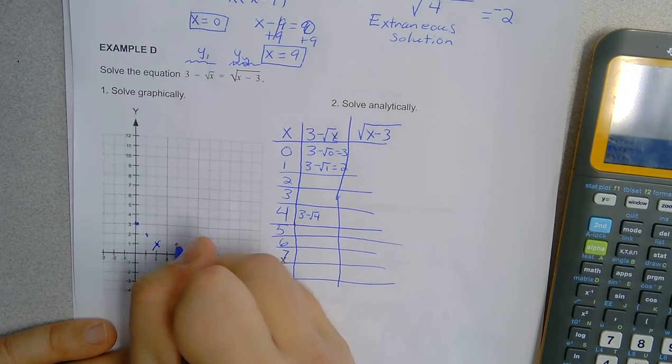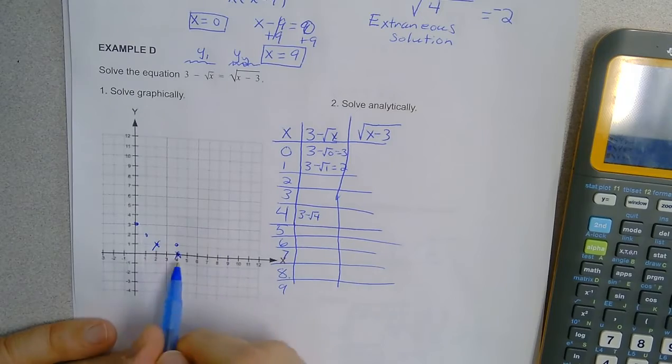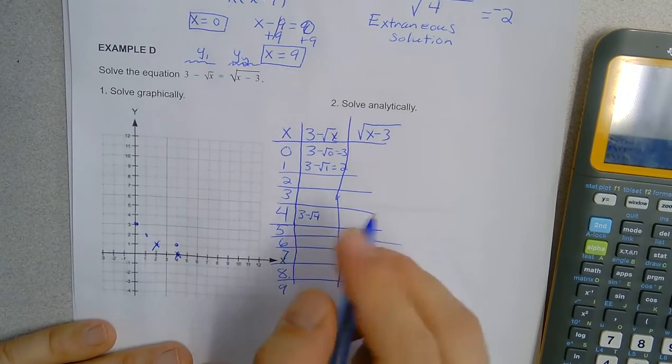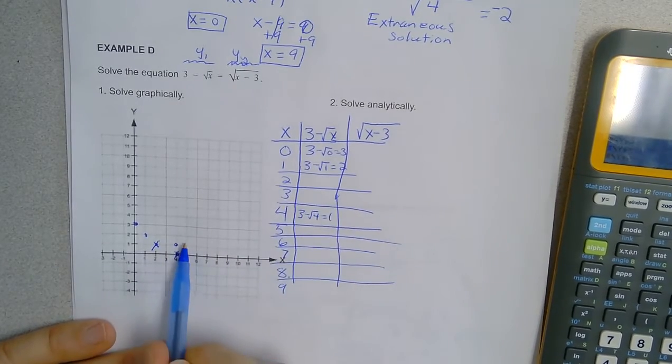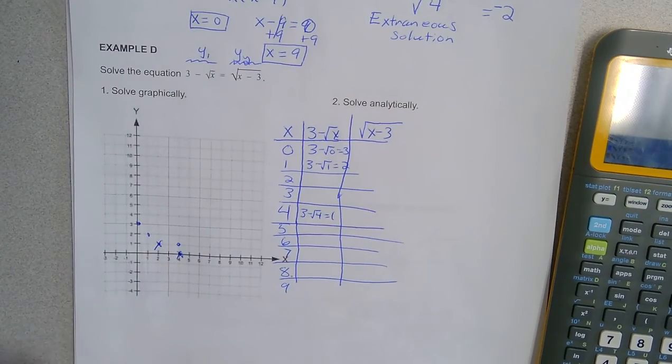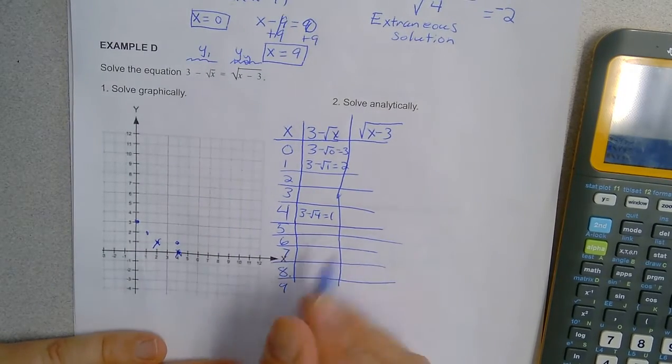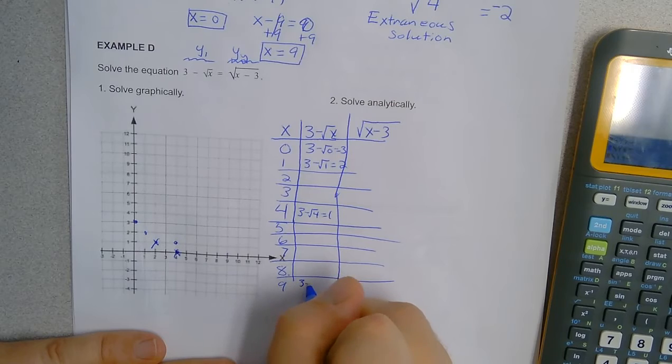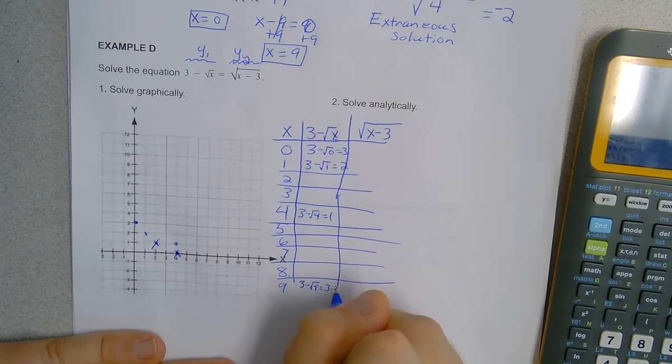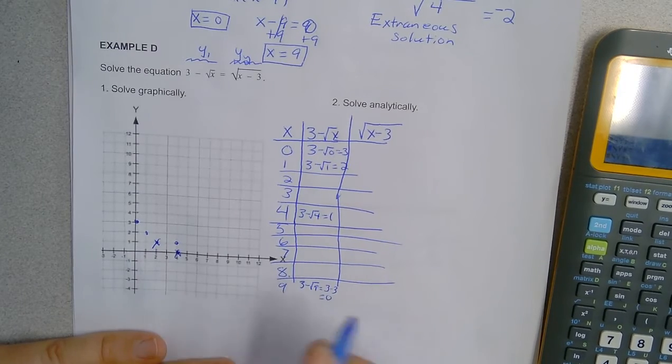Oh, and I'm sorry, this should have been a 1 too. I made another mistake. So if you note here, this is 3 minus 2, which is 1. So that should be right there. So my fault. Here, it would be 3 minus the square root of 9, which is 3 minus 3, which gives us 0.